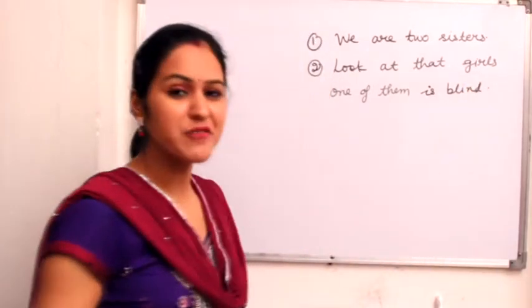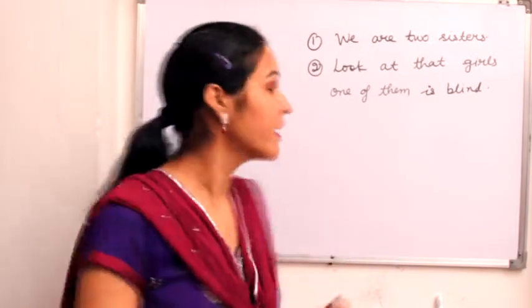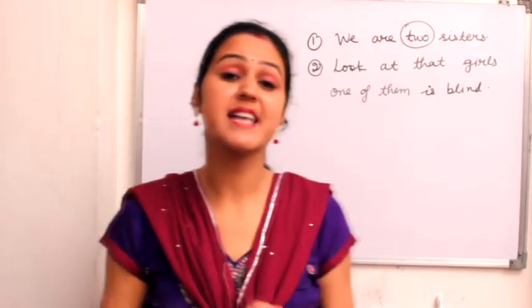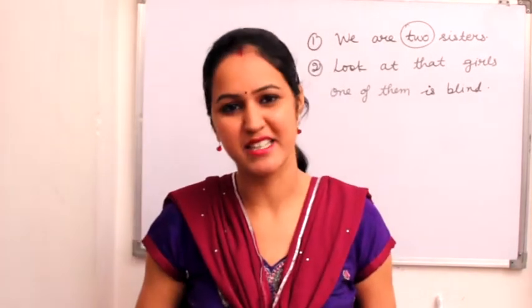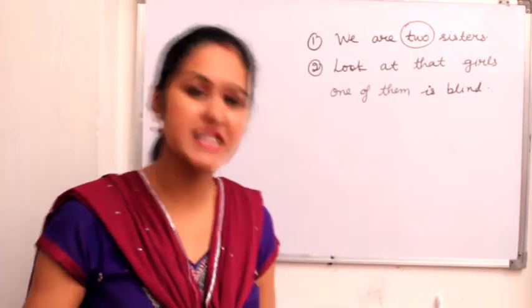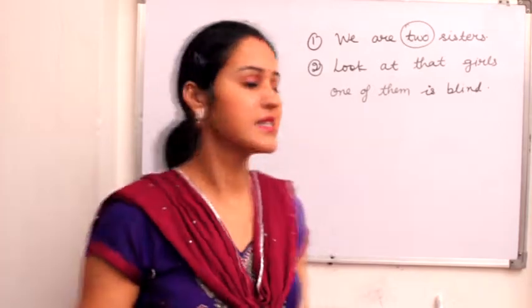So first I write here we are two sisters. Here I utilize two, that means it is in the form of counting. That's why I use here we are two sisters, and it is a very understandable sentence.